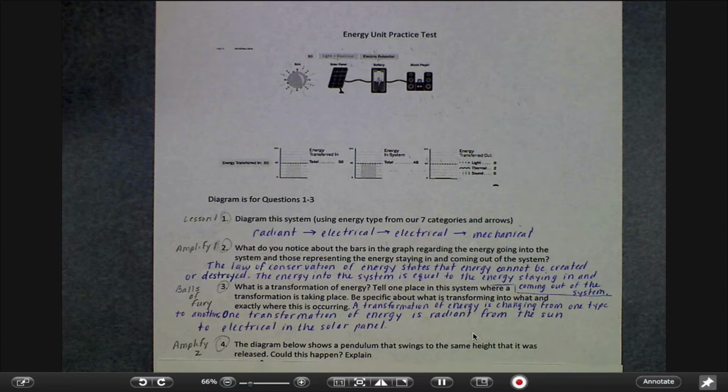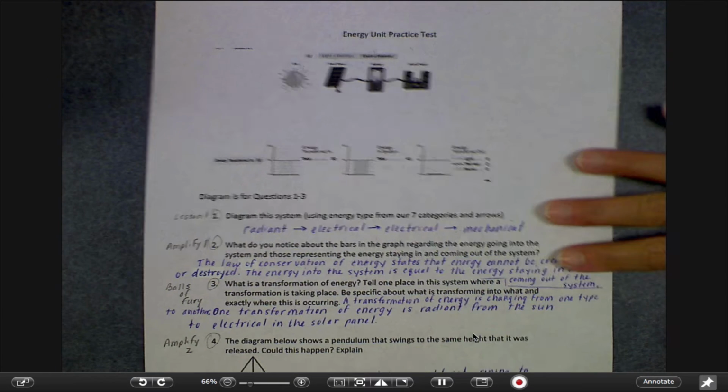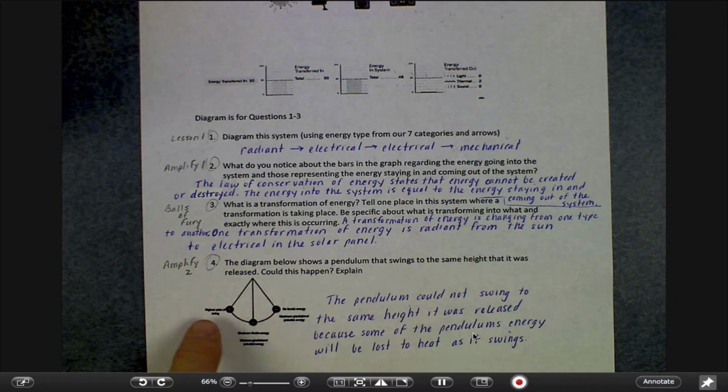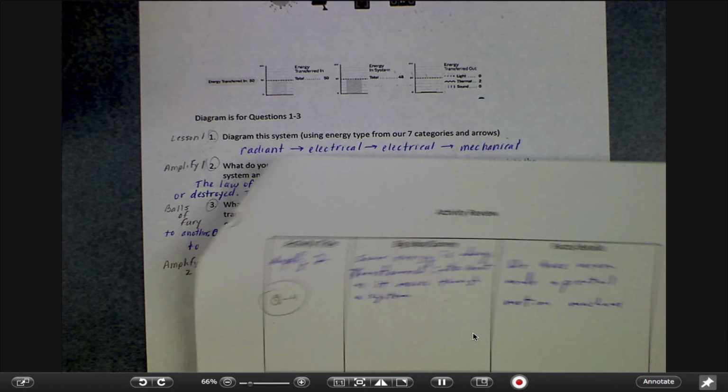Next, the diagram below shows a pendulum that swings to the same height that it was released. Could this happen? And we can see that we have this where it's swinging to the same height. I'm not sure where it started, but both of these are the same height. And this one we covered in amplify number 2.